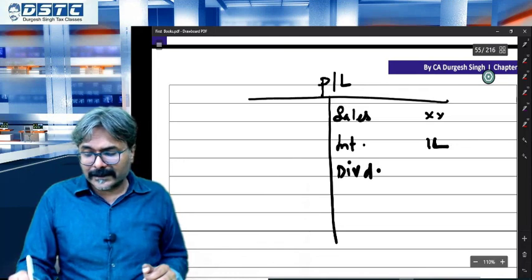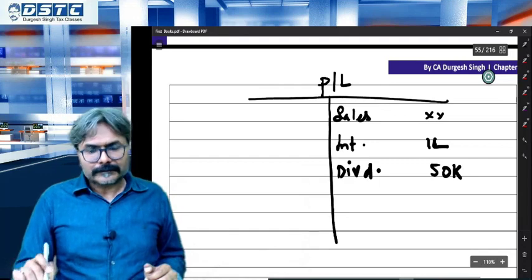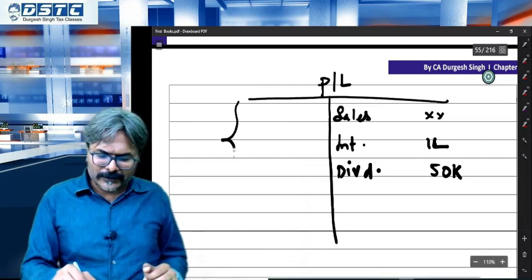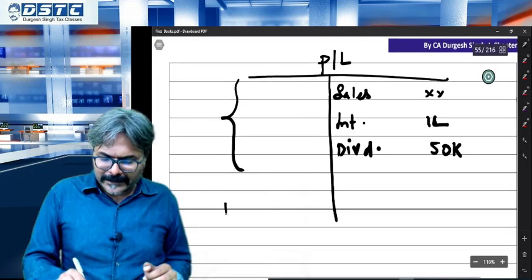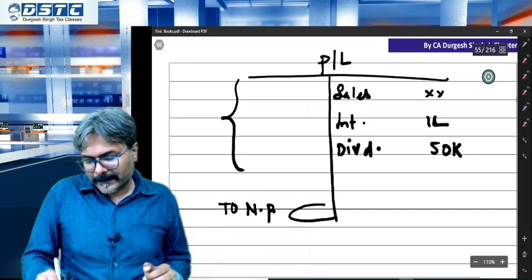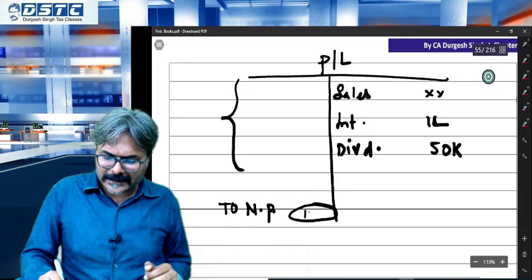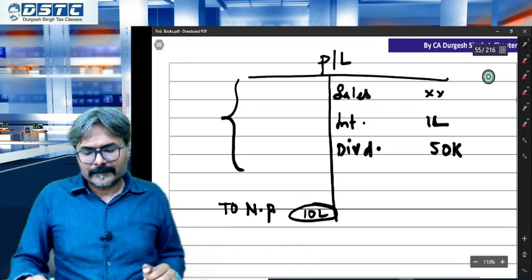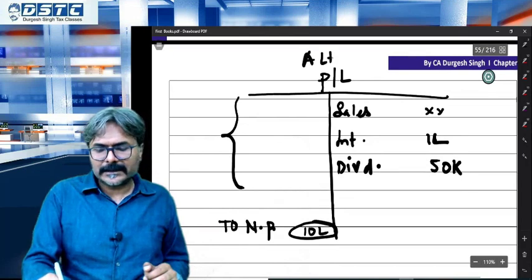So accounting income appears like this, 50,000, isn't it? Then they will also give you the entire details of your P&L debit side, and finally thereafter you would have got the net profit. Say the net profit is 10 lakhs. So this is a profit and loss account of say A Limited.